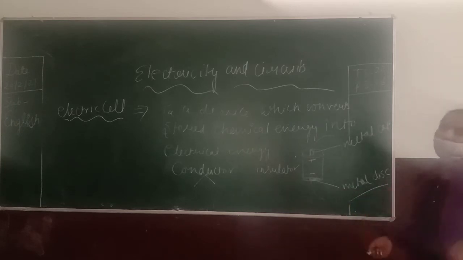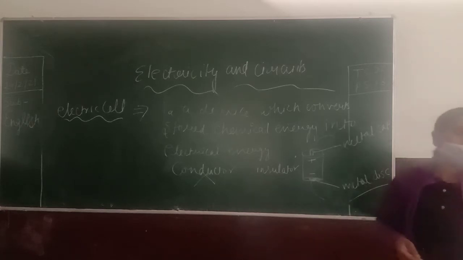For example, all metals are good conductors of electricity, like silver and copper. All the wiring at your home is of copper. If you look inside a wire, there is a copper wire. Copper is a good conductor of electricity and loses less electricity.